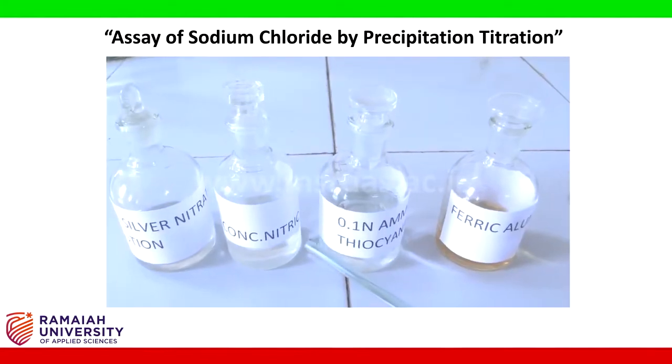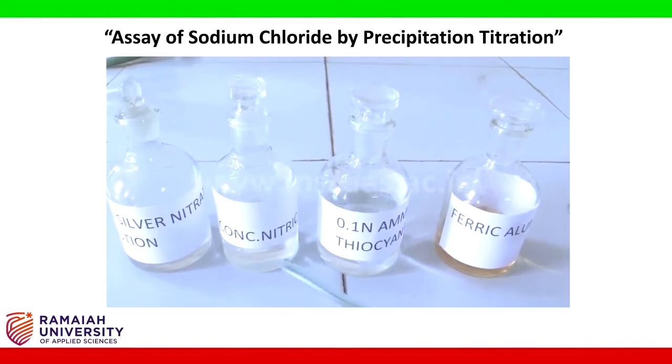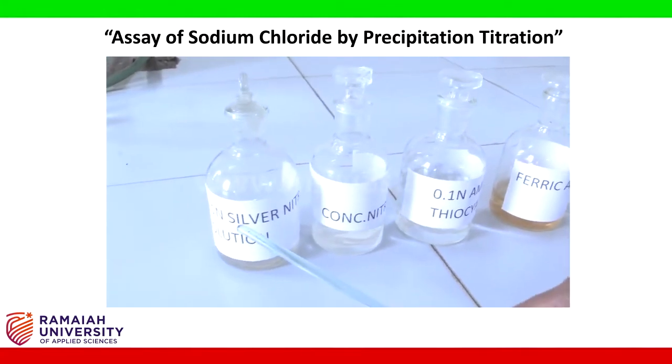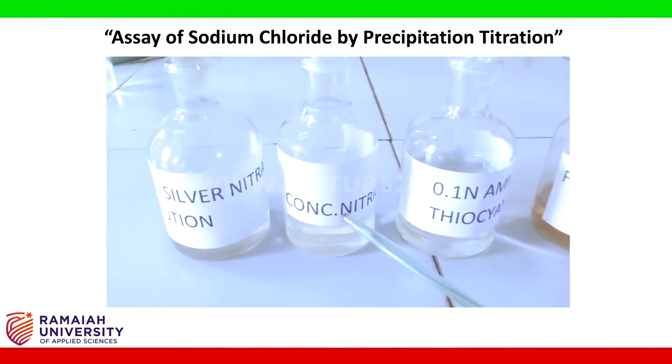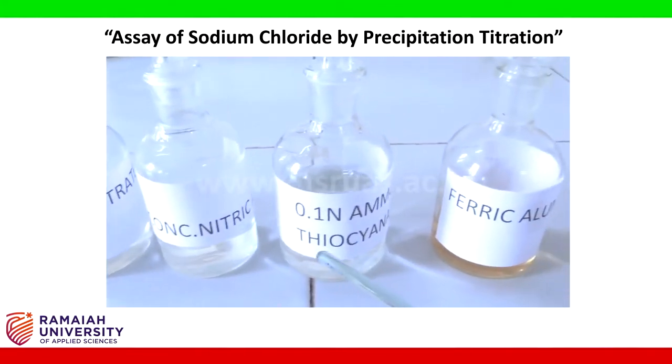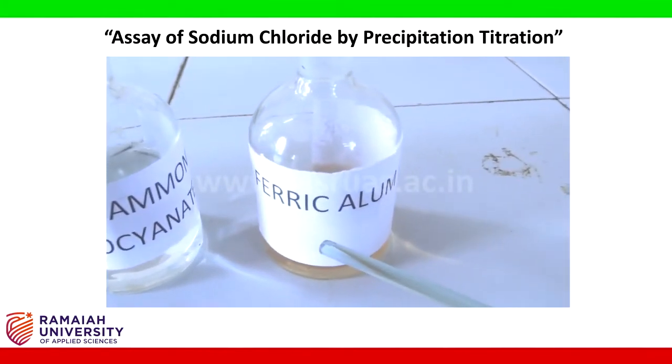For standardizing 0.1 N ammonium thiocyanate, chemicals required are 0.1 N silver nitrate solution, concentrated nitric acid, 0.1 N ammonium thiocyanate and ferric alum indicator.